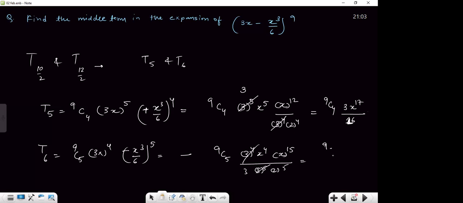This becomes 9C5, negative sign of course, x raised to power 5 plus 15, 19, divided by 3 into 2 raised to power 5. 2 raised to power 5 is actually 32. 32 into 3 becomes 96 and 9. That is the answer.